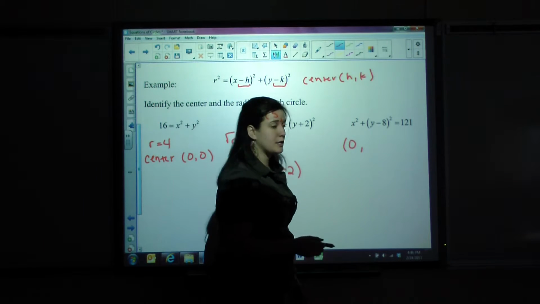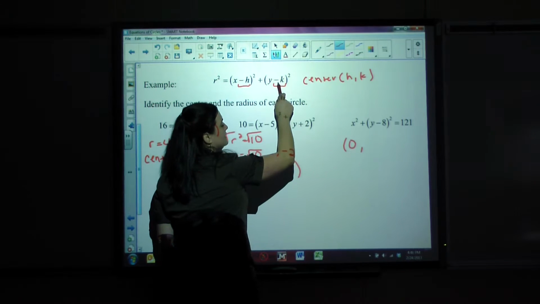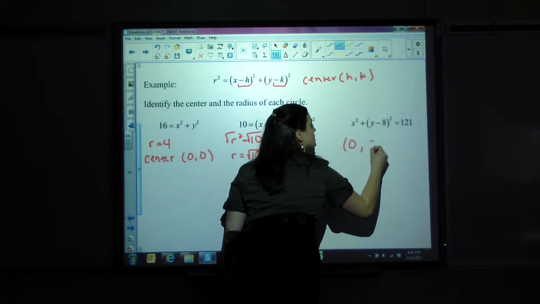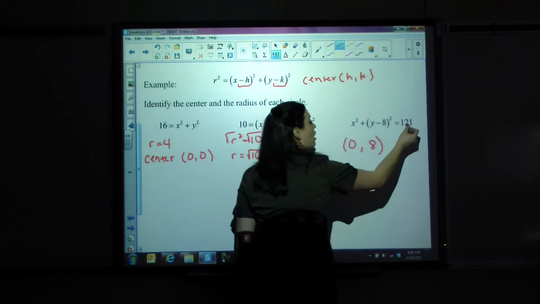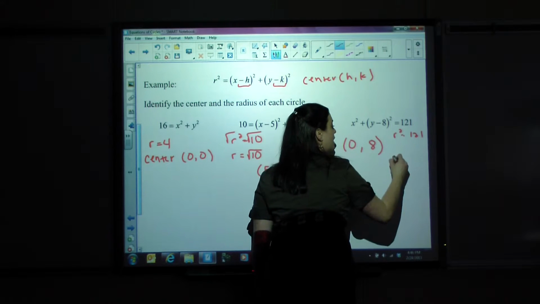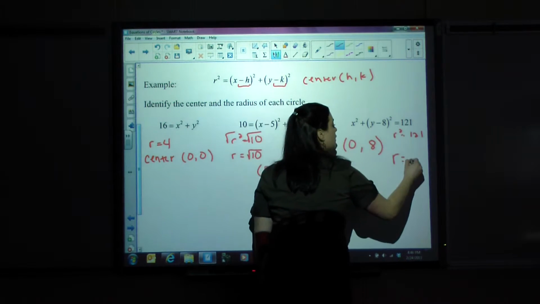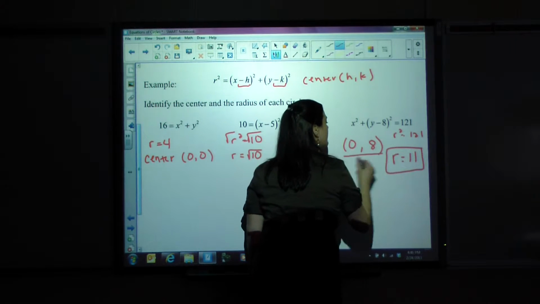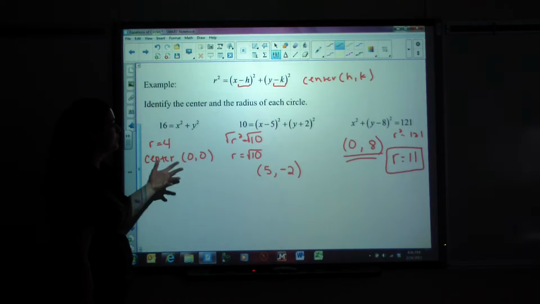The x value is going to be 0, but the y value is actually going to be positive 8. Remember, it's minus k. We got to be thinking opposites. So it's actually going to be at positive 8. Okay, and our r is not 121. R squared equals 121, and therefore the radius is actually the square root of 121, which is 11. So in this case, we had a radius of 11 and a center at 0, 8.